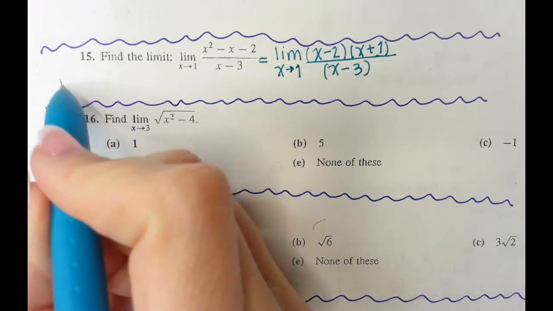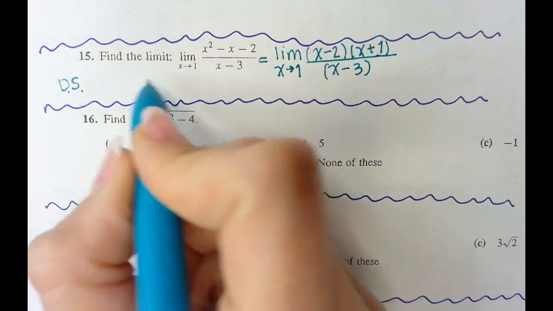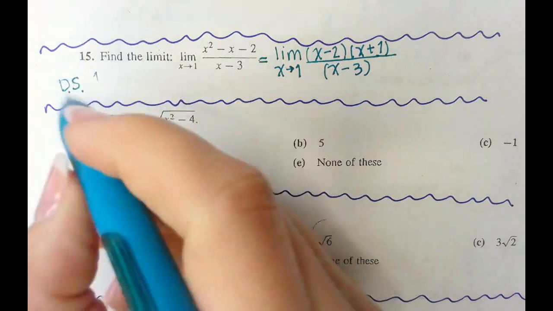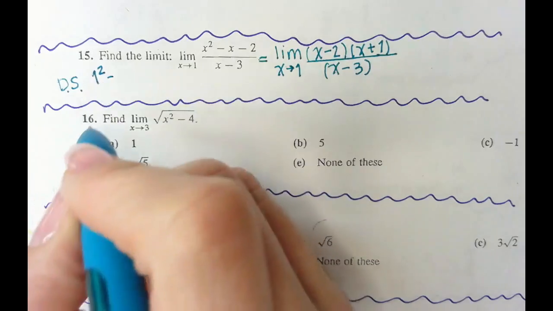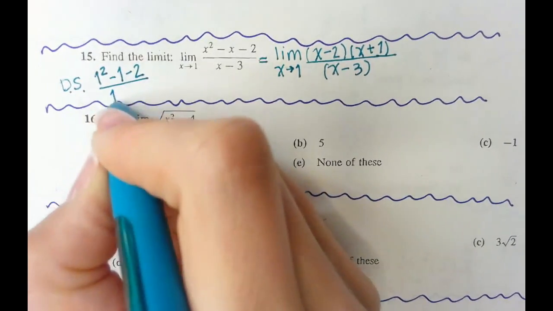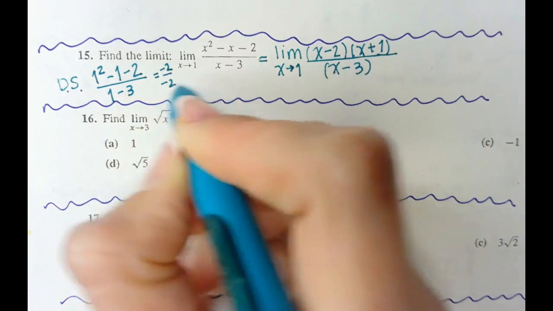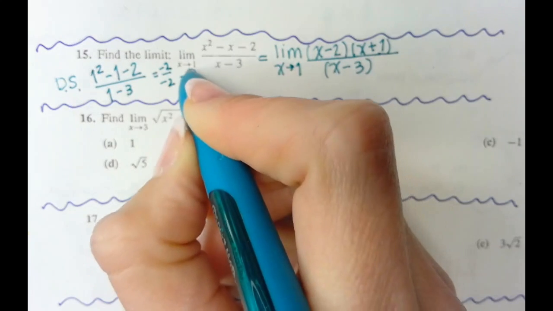So if I just did direct substitution, abbreviated DS, I don't have to write limit when I'm taking the limit, so that's going to give me 1 squared minus 1 minus 2 over 1 minus 3, -2 over -2, which is equal to +1. So that is your answer.